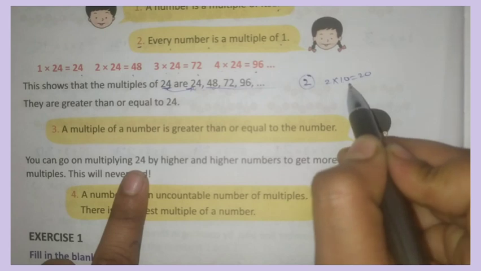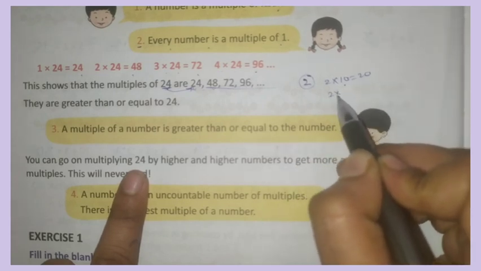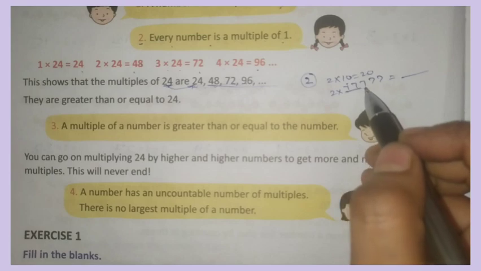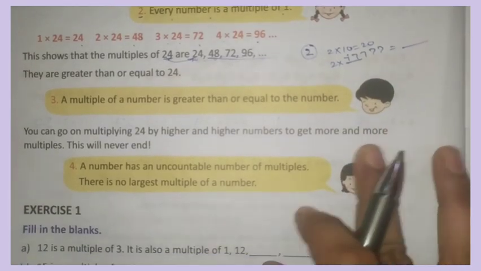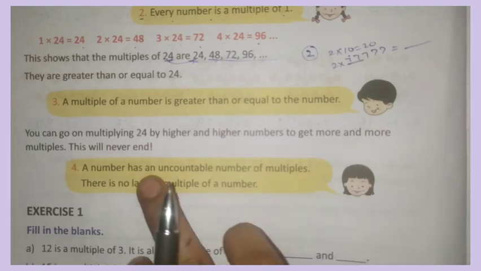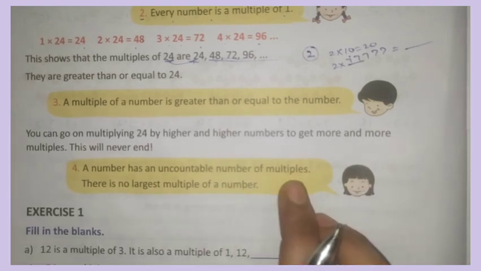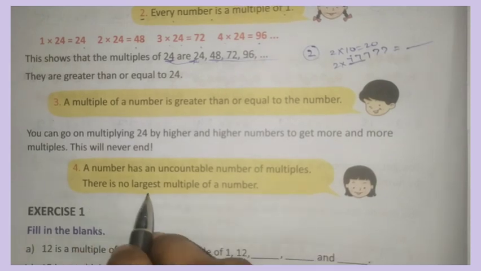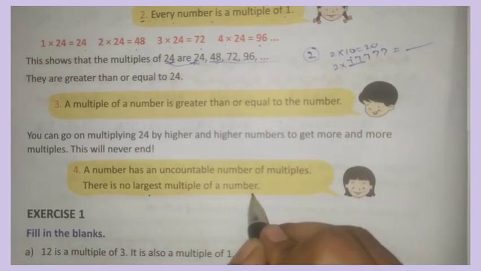Up to here only we know, but we can write so many. By multiplying more numbers, we can find more multiples. There is an uncountable number of multiples, which means there are so many multiples for one number. There is no largest multiple of a number.